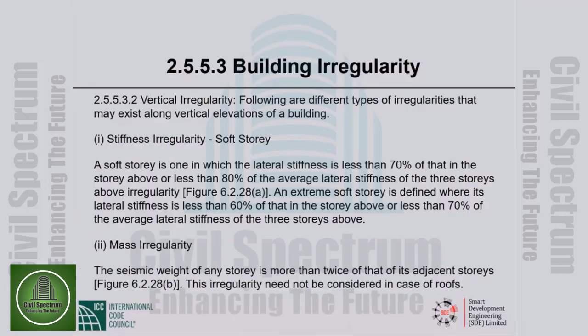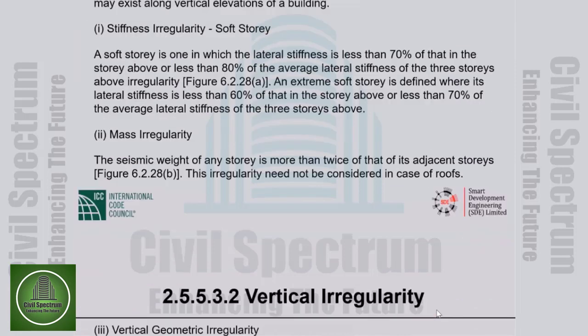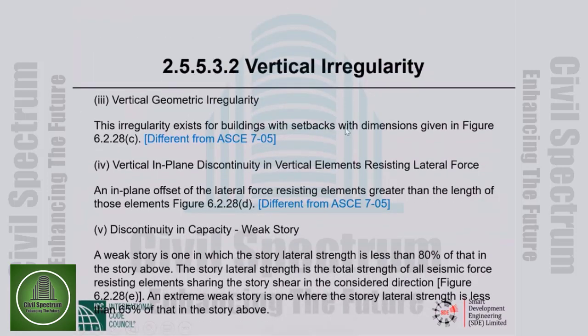The definitions are given also in 2553. This is now 25532, vertical irregularity. The soft story definition is the same as in ASC 7-05. The mass irregularity definition is the same as in ASC 7-05.